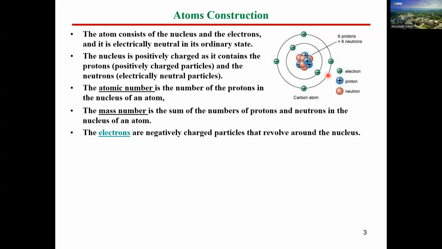In the universe, we have the sun, and other objects rotate around the sun, Earth and other planets rotating around the sun. The atom is the same. Anything in the universe has the same shape. So inside we have the nucleus, outside we have the electrons, and these electrons are revolving around the nucleus inside.